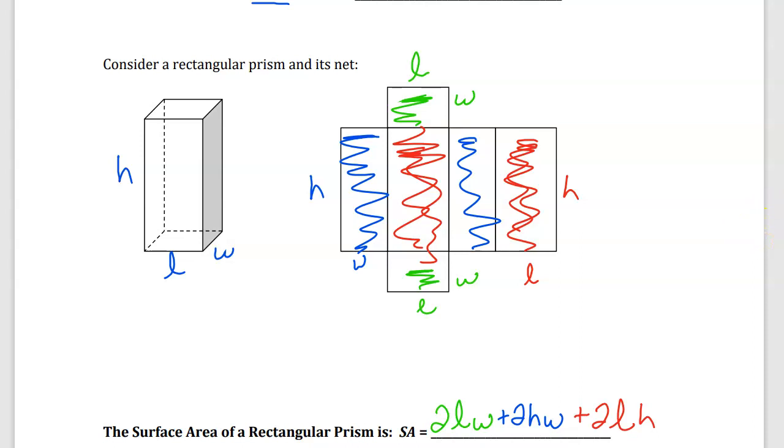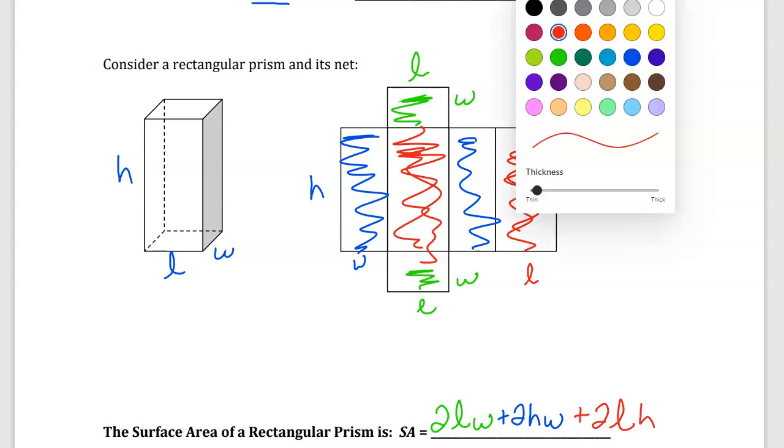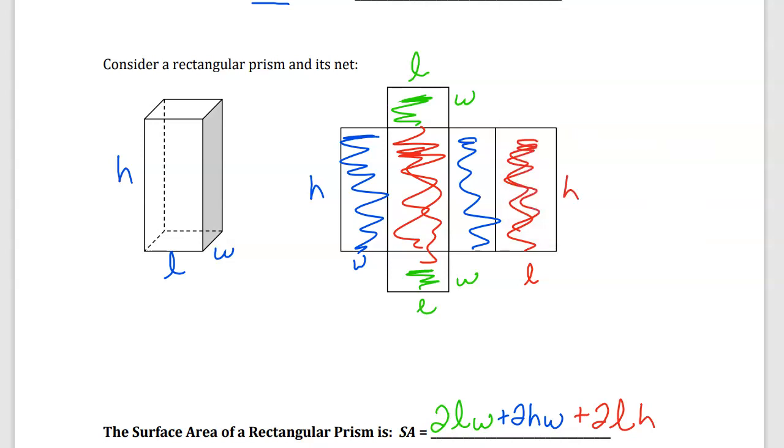Now, it can also be written, if you think about it, I can also look at the perimeter of a base. The perimeter of this base here is the same as the length of this entire rectangle here, because it would be 2W and 2L.